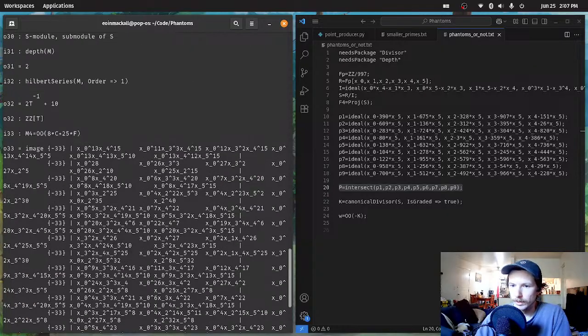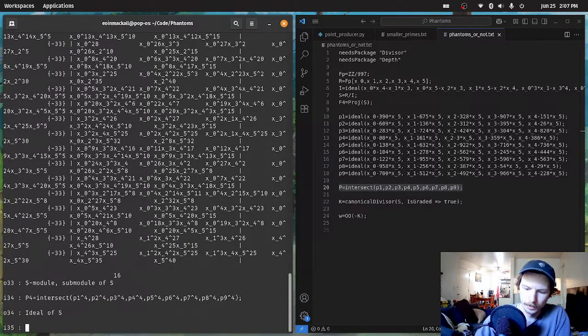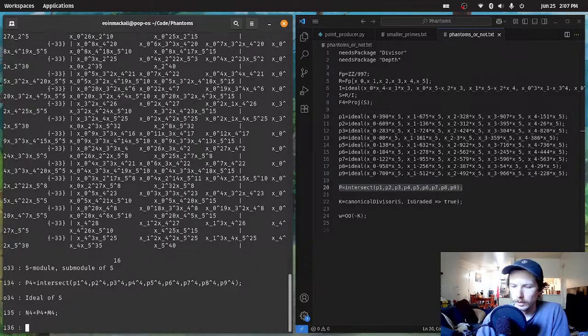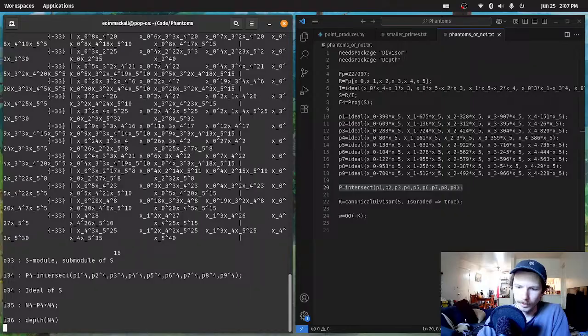So what was this module that I just defined? M4. So one, the big thing that we want to check is P4 times M4. So we'll call this, we're going to call it N4. P4 times M4. This should produce for us a module, which, if we're lucky, has depth 2, but probably has depth 1.